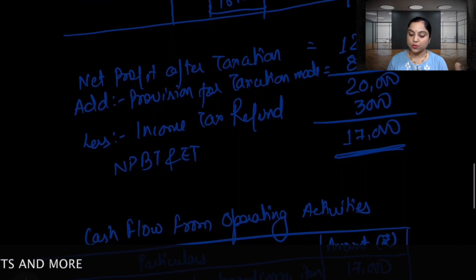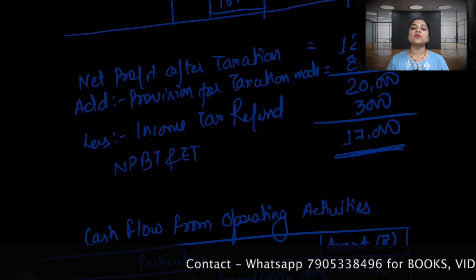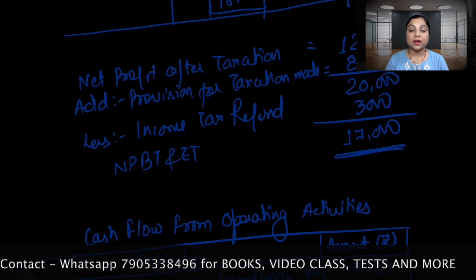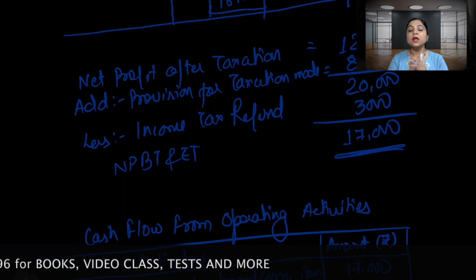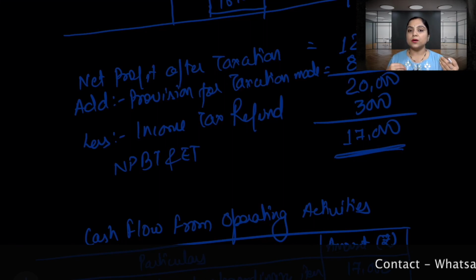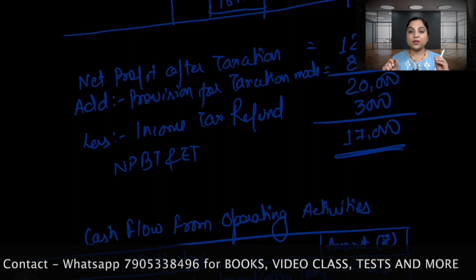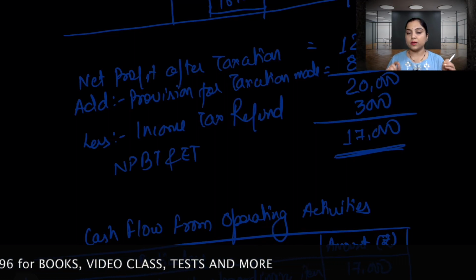So I hope I helped you understand in the best possible way the cash flow from operating activity. Still any doubt, feel free to ask and discuss, and I request you to please participate actively and help each other, because most of the time it's very difficult to meet each and every one of you. Do not try to memorize or do rectification.